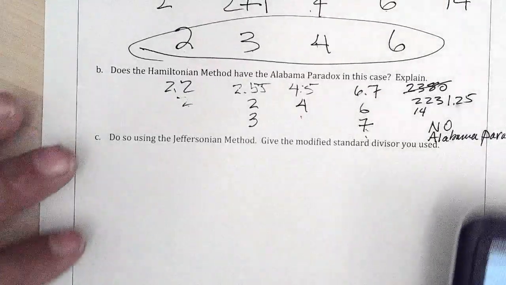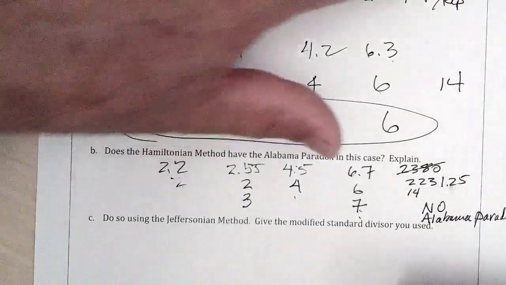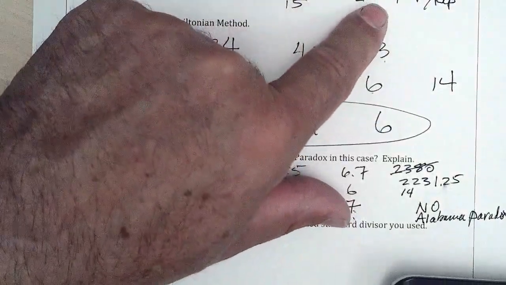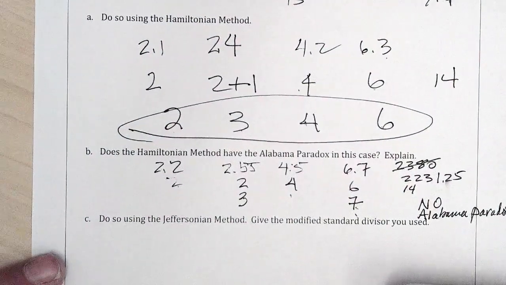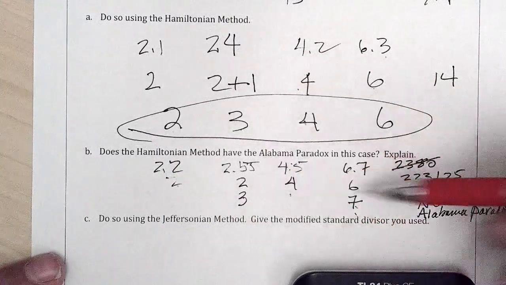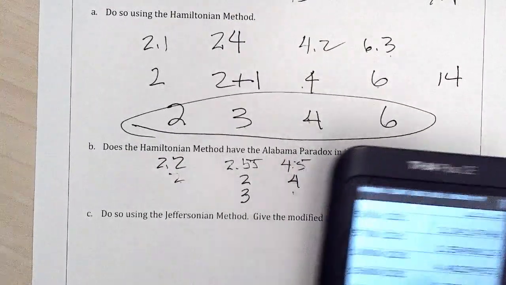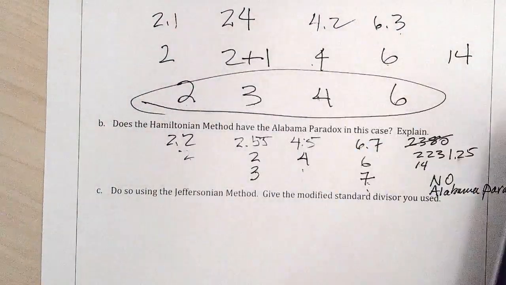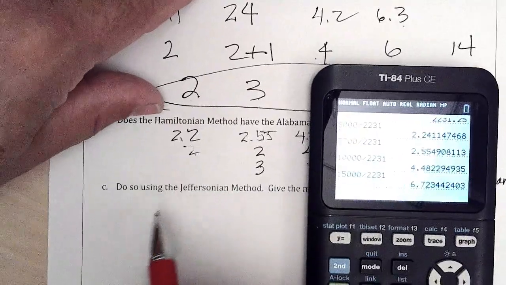Okay, Jeffersonian. So now we're going to take these same numbers and we're going to decrease the divisor to try to get all of them done. Well, we already decreased it to 2200 and it didn't use 15, it was only 14. So I need to decrease it more. So I'm going to take the original numbers and divide by 2100.